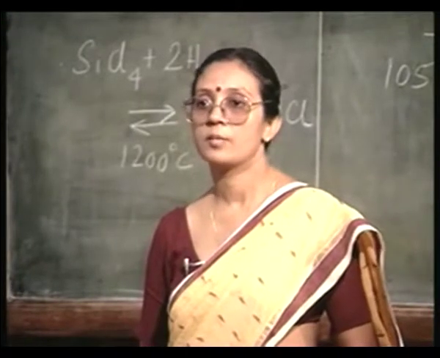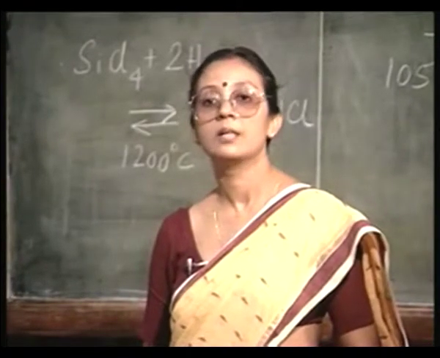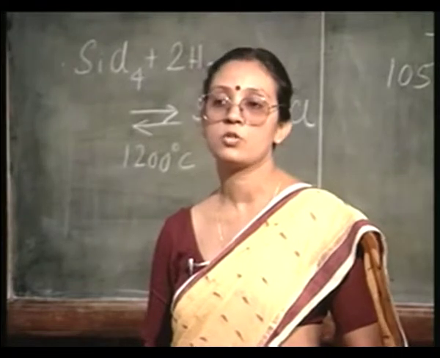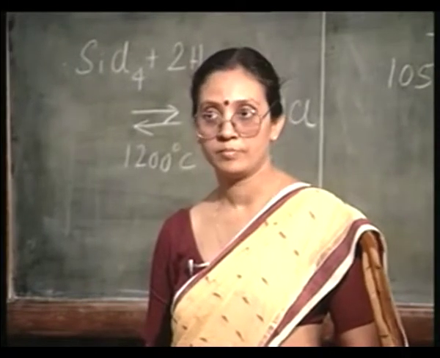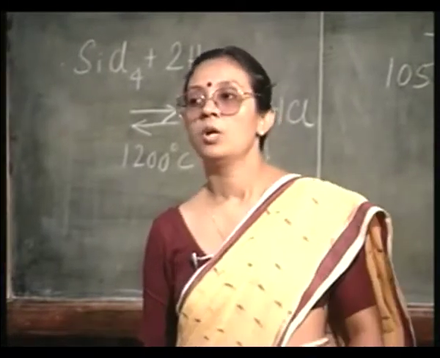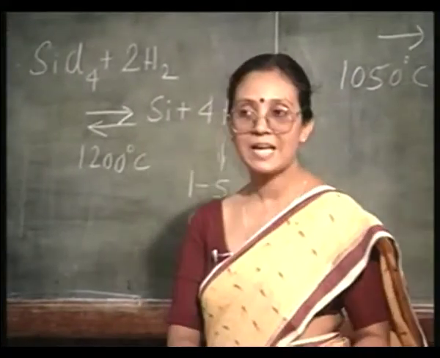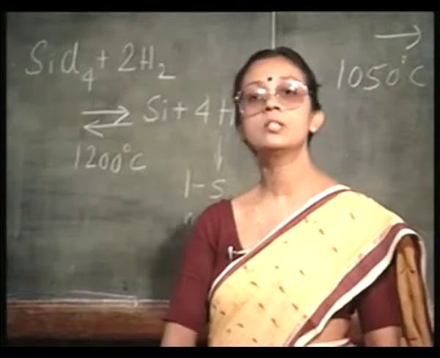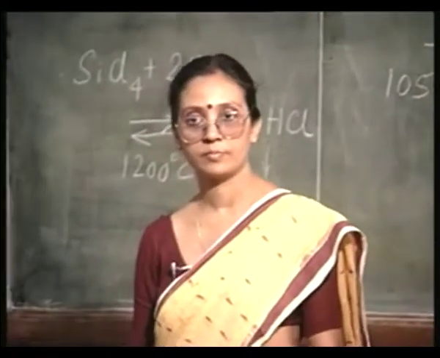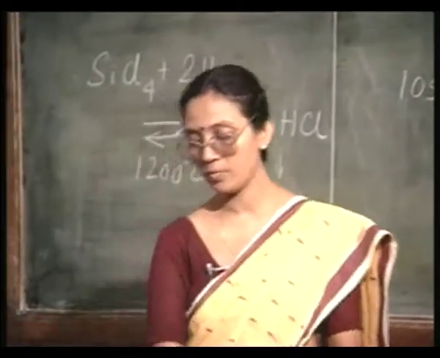To increase the temperature of the furnace and run them continuously costs a lot of money. So, in VLSI technology you will find that the trend is more and more towards low temperature processing.